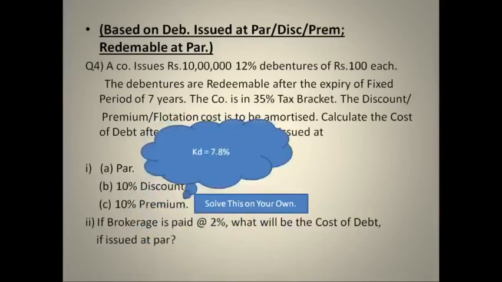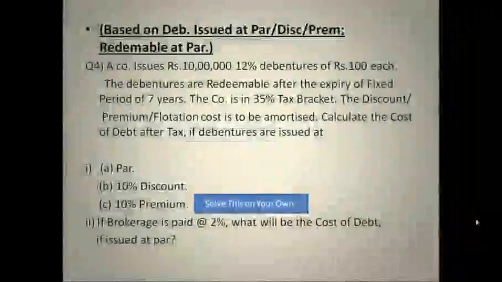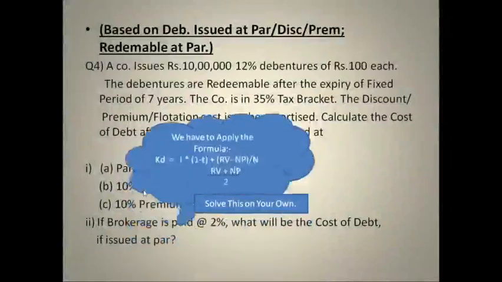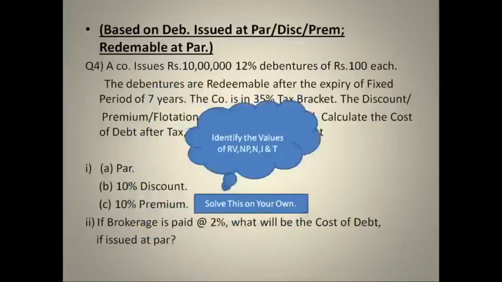Now let's move ahead to the second part of the question, which asks you to find the cost of debentures which are issued at a 10% discounted rate. The formula that we will be using requires us to find the values separately for I, T, RV, NP and N. The important challenge is finding the values of RV, the redeemable value, and net proceeds.